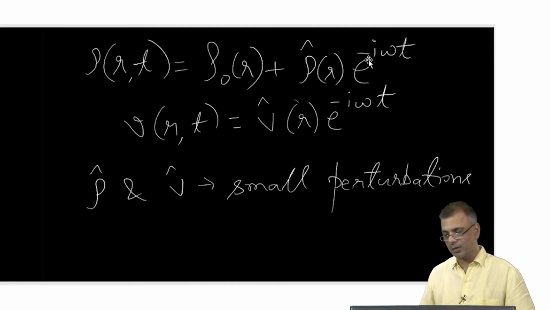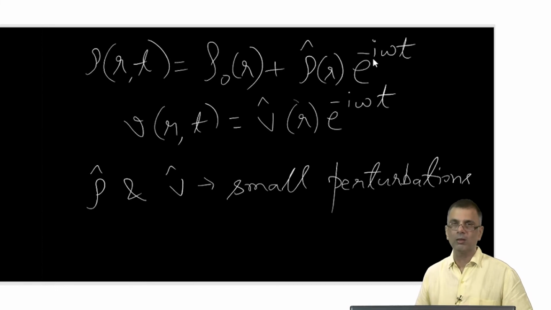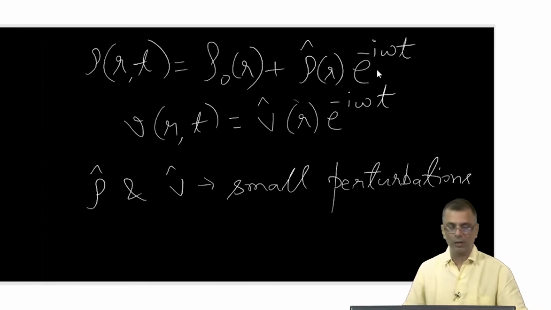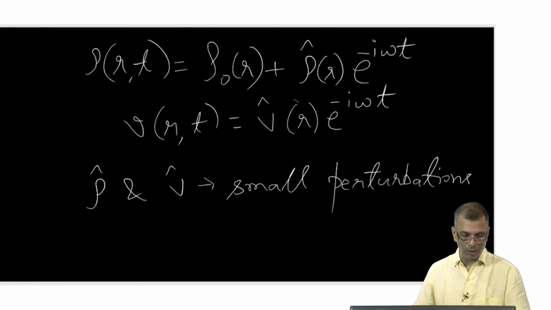So, if omega is real, this is oscillatory, the e raised to I omega t, this is oscillatory. What if omega was not real? If omega was not real, this would not be oscillatory, this would be either a growing or a damped solution. And in particular, if it was a growing solution, there would be a problem.